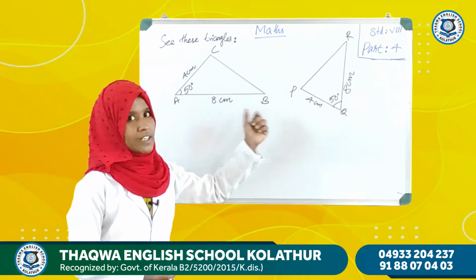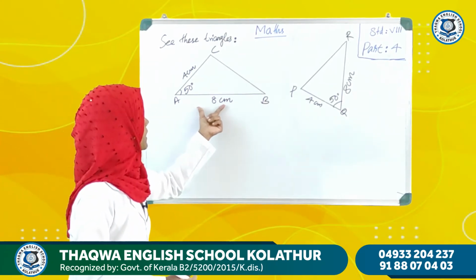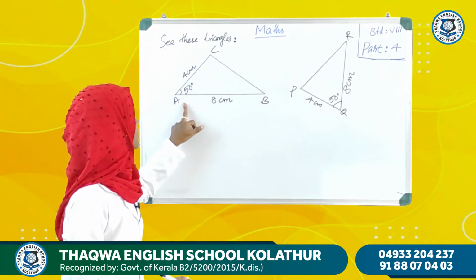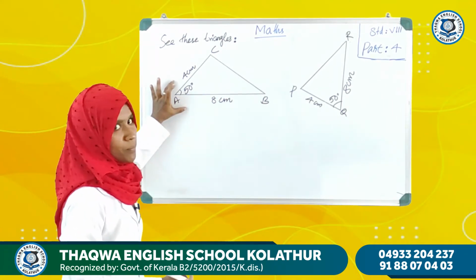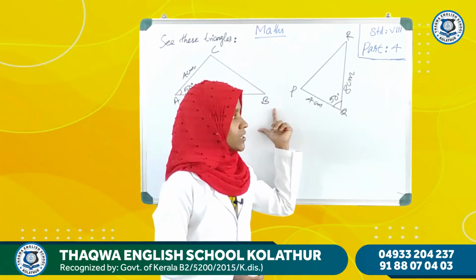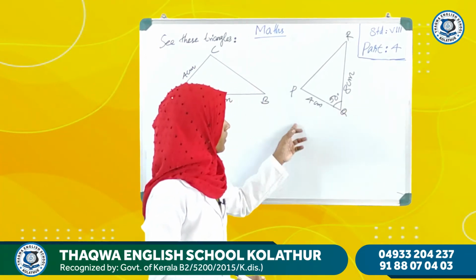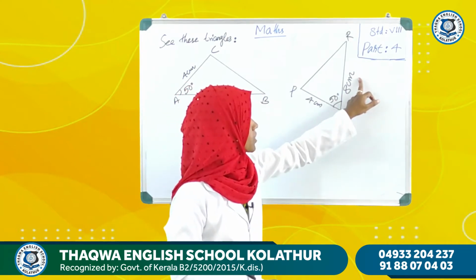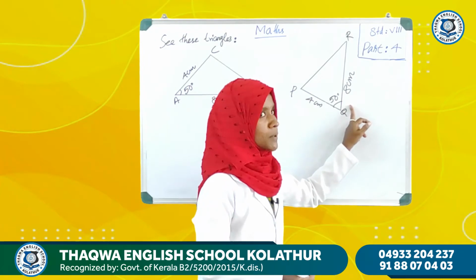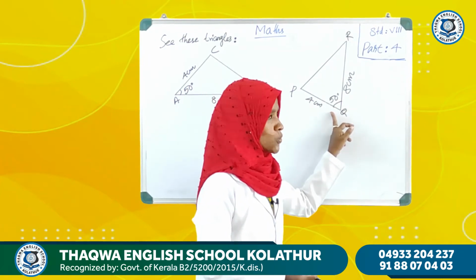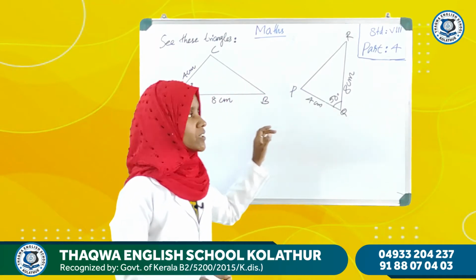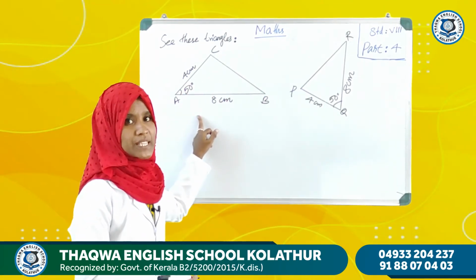In these triangles, the sides AB and AC and the angle made by them, that is angle A, in triangle ABC, and the sides QR and PQ and the angle made by them, that is angle Q, in triangle PQR, are equal.